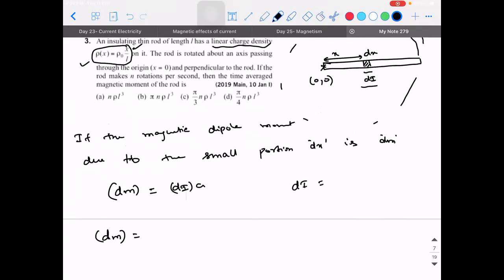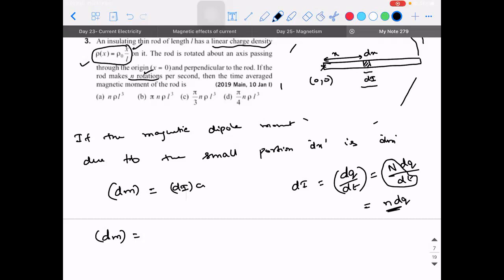See, di is nothing but dq divided by dt. But what is the value of dq? Can I call it as n times dq, or n into dq divided by dt? But what is the number of rotations per time? Number of rotations per time is written as small n.